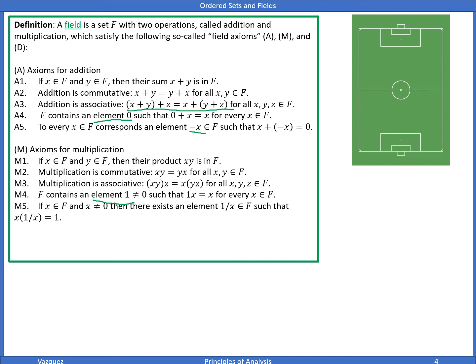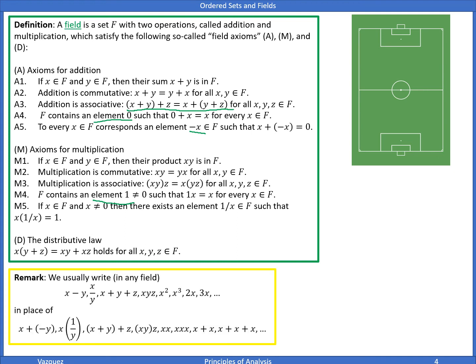And finally, our last property is a law, which we call the distributive law. That's why the D. And this law holds for all x, y, and z in the field. And just a little notation. This shouldn't even have to be mentioned, but we'll do it. You should know this from maybe even high school.